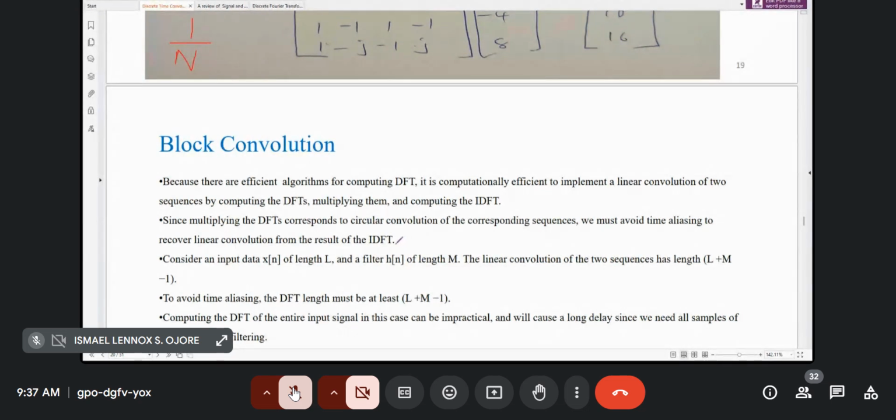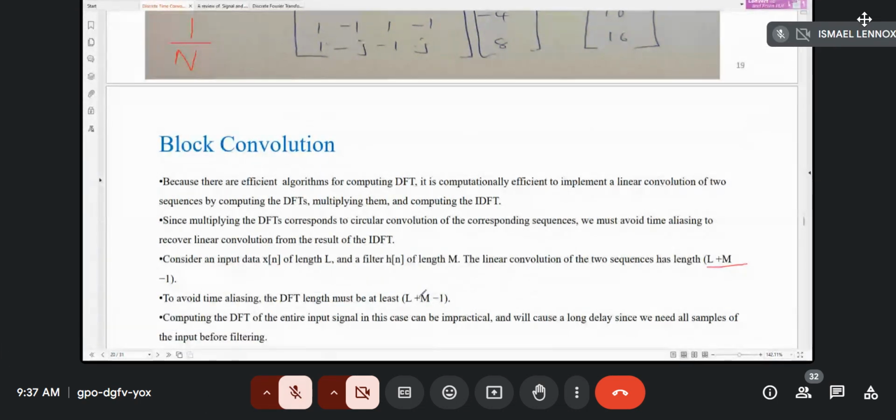I think that's what we are going to see, how we end up doing arithmetic to avoid that. So consider an input data x[n] of length L and a filter h[n] of length M. The linear convolution of the two sequences is supposed to give you that. So to avoid time aliasing, the DFT length must be at least L plus M minus 1.